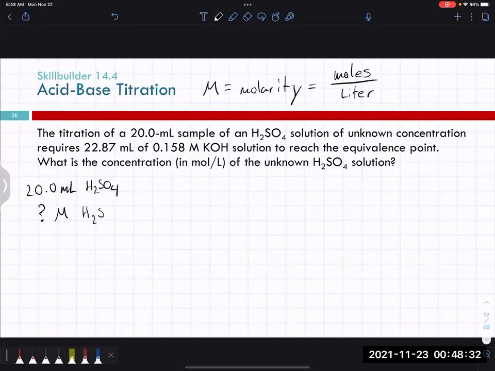So we have unknown molarity of H2SO4. We also have 22.87 milliliters of potassium hydroxide, and we know that concentration, 0.158 molar.